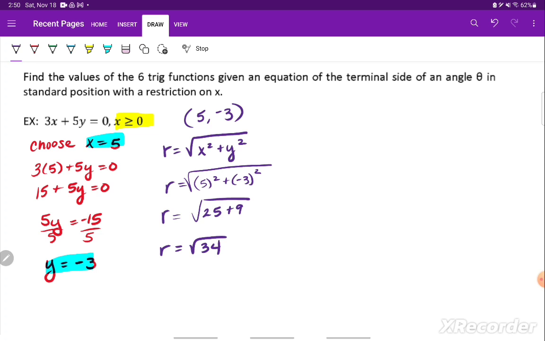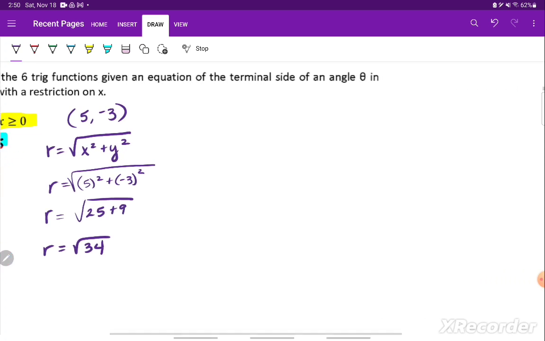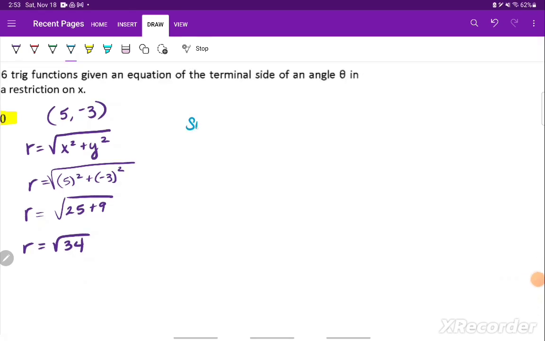And now that we have our x, y, and r, we're just plugging into our trig definitions. Sine of theta is equal to y over r. So that'll be negative 3 over the square root of 34, which we want to rationalize.